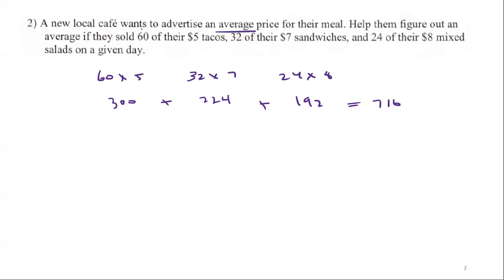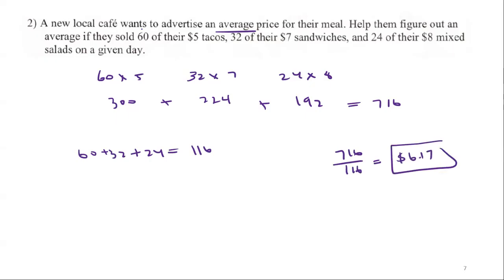We just take this number here and divide it by the number of items that we sold. So in this case, we would add 60 plus 32 plus 24, which gives us 116. So 716 divided by 116 will give us $6.17.